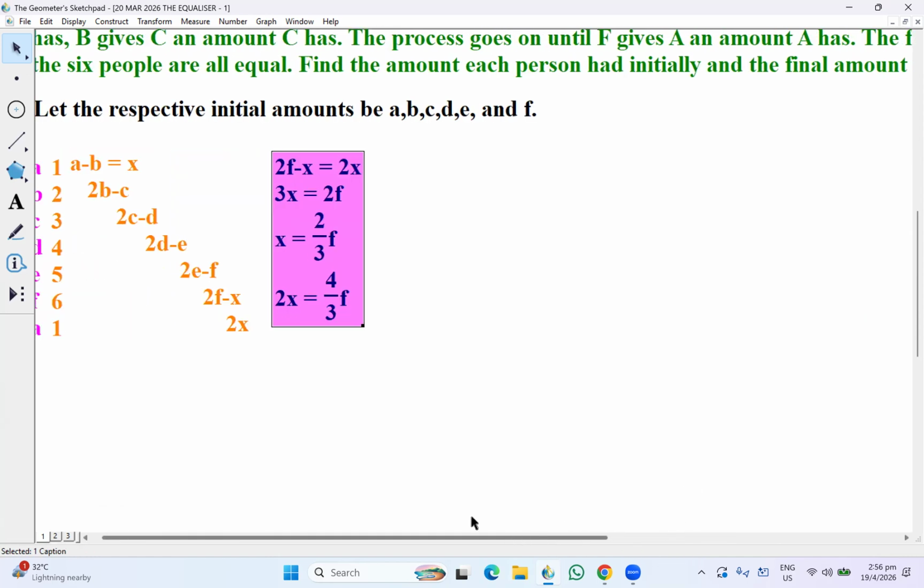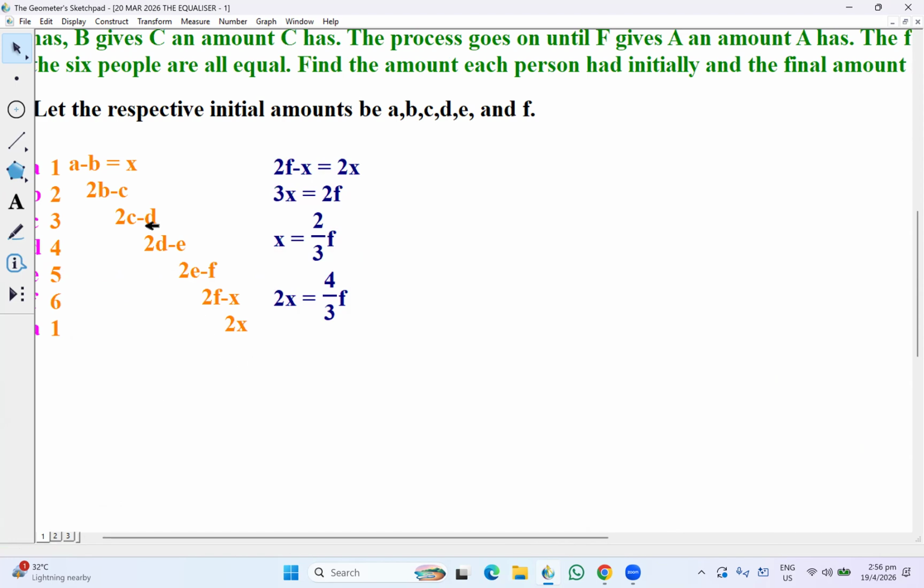We know they are all equal. So we start with 2F minus X equal to 2X. We don't want to start at the top because we're going to choose the anchor variable F. So 2F minus X is 2X, 3X is 2F. So we find everything in terms of F. X is 2/3 F. 2X is 4F over 3.